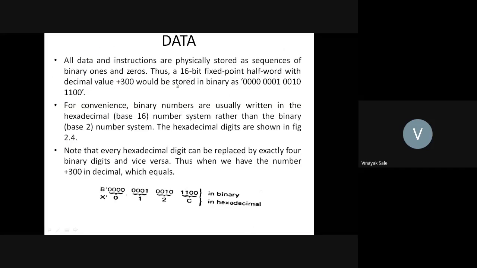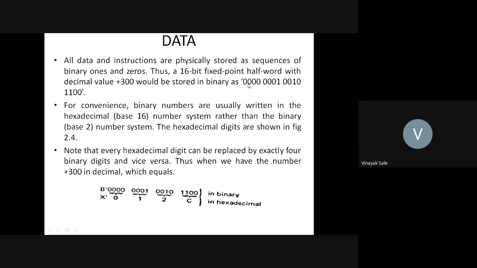For storing that decimal value plus 300, first convert this 300 decimal to binary, and in 16 digit format it should look like this: 0000, 0001, 0010, 1100.